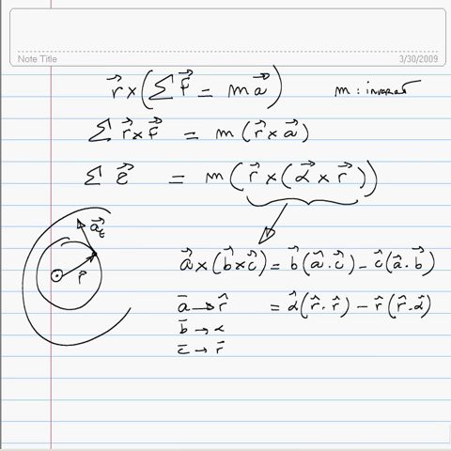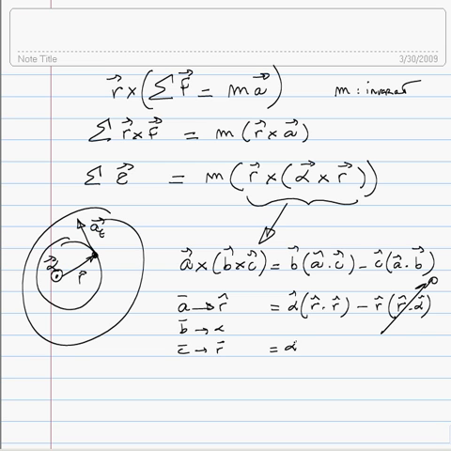Now again, remember that when we related a with alpha, we were talking about the tangential acceleration. So a tangential was perpendicular to r, and r was also perpendicular to alpha, which is out of the page. So r and alpha are perpendicular to each other. Therefore, bang, this is 0.